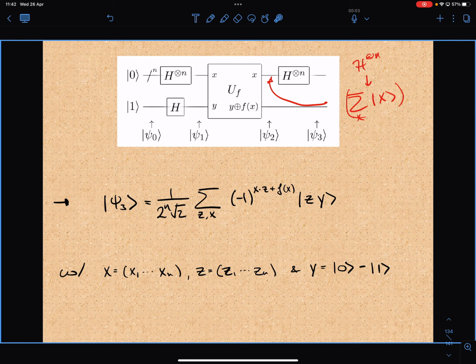And I have the -1 to the f of x from this operation, and then the -1 to the x dot c from this operation. And psi of 3 is now this linear combination.